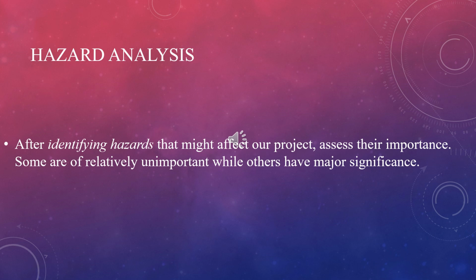Some risks will be relatively unimportant, for example, the risk that some of the documentation is delivered a day late, whereas some risks will be of major significance, for example, the risk that the software is delivered late.